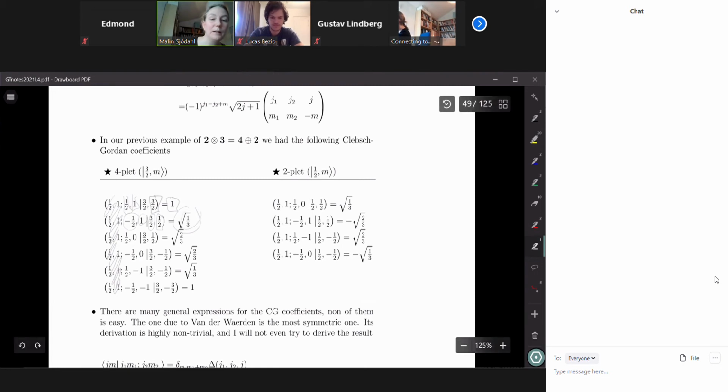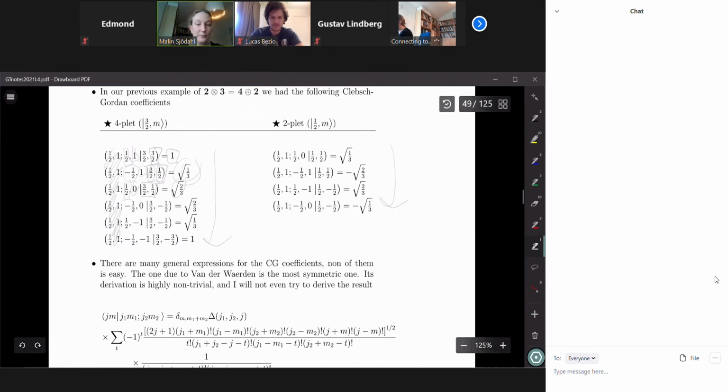And then this very state also had a contribution from where the first spin was 1/2 and the other was 0. So if you want, but I'm not sure I suggest it because it's a bit tedious, you can go and check all these coefficients in the previous example.